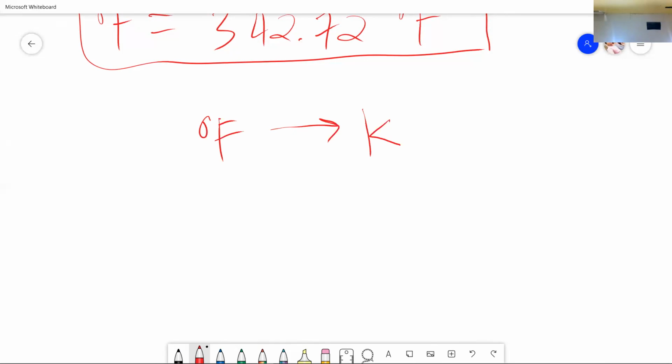So let's convert first. What if we have 320 degree Fahrenheit? Convert that into Kelvin. So we have two processes. First, convert this degree Fahrenheit to degree Celsius. So first, write the equation for Fahrenheit to degree Celsius.